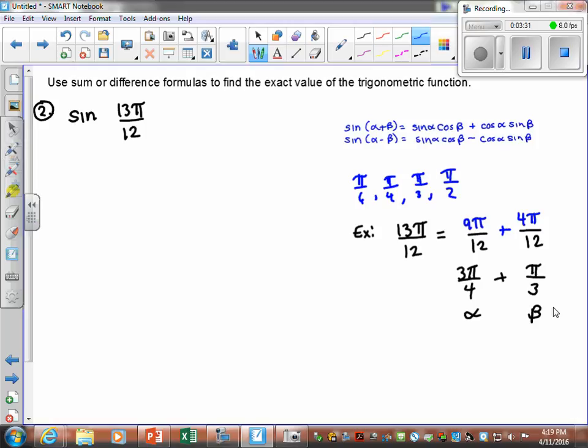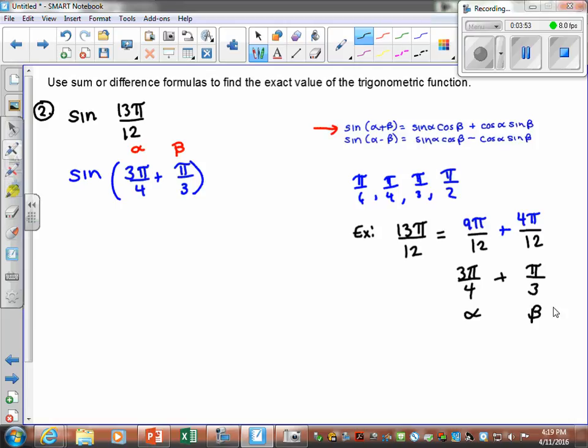Let me come back over here to our original problem and rewrite this as sine of alpha, 3 pi over 4, plus beta, which is pi over 3. So I'm just going to put myself a note, alpha, beta, right there. That means I'm going to be using this formula.